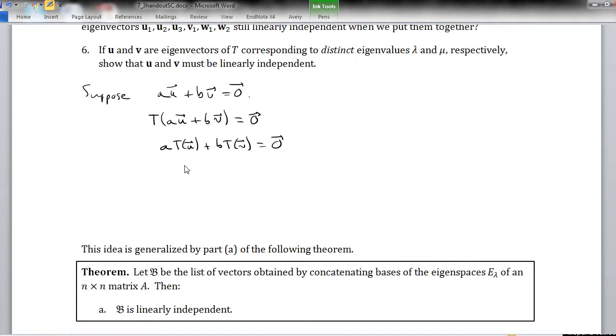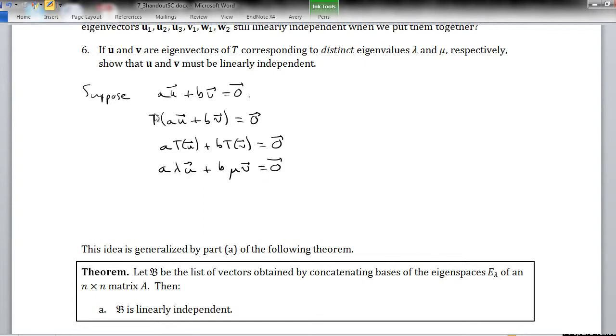Now let's use the fact that u is a lambda eigenvector, so T of u equals lambda times u. And v is a mu eigenvector, so T of v equals mu times v. So we get that equation.